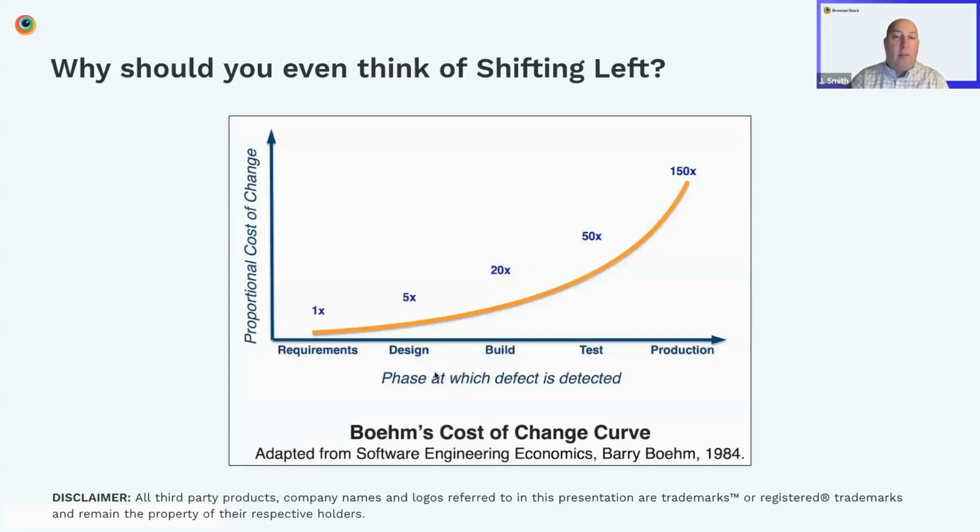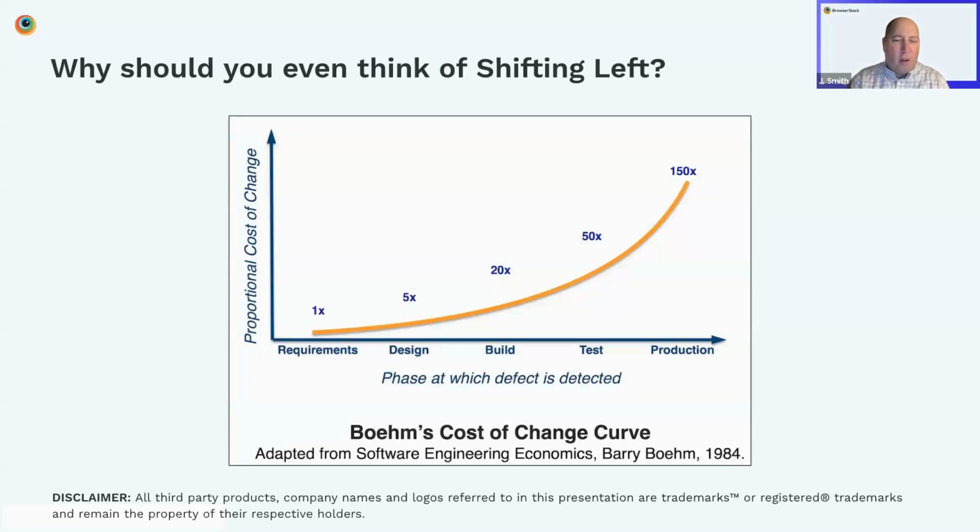Another significant benefit of this idea of shifting left is the cost savings. I spend a lot of time trying to motivate people about accessibility and to really consider what this is about and why it's important, but this is one way to think about the benefits of accessibility.